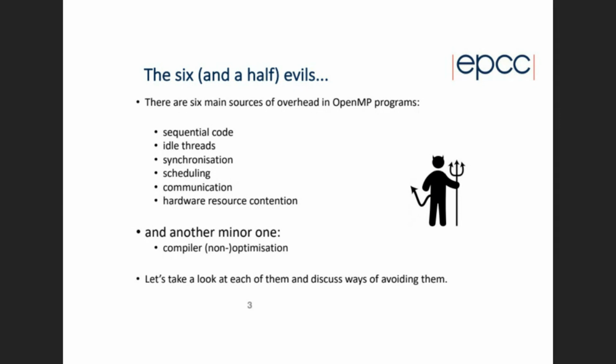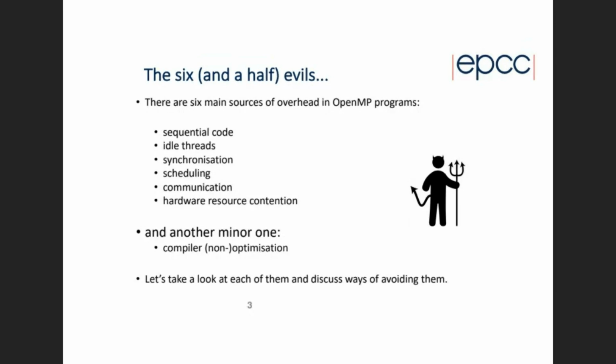Some of the solutions I'm going to give you are OpenMP specific, but the issues are basically these ones: sequential code, idle threads, synchronization, scheduling, communication, and hardware resource contention are the 6. And there's one minor one, which is the extra half, which is compiler optimization or non-optimization, which I'll mention briefly at the end. So what I'm going to do is take a look at each of those and discuss ways of avoiding them.